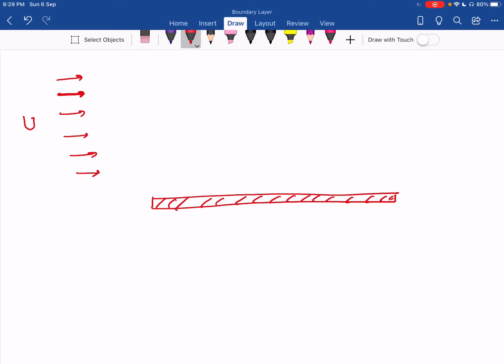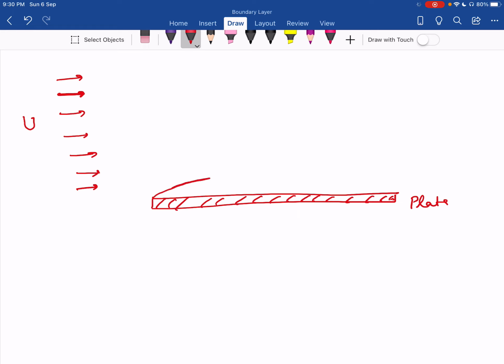Now the layer of fluid which is adjacent to the plate. Now this is the plate. So there is formation of some thickness of fluid where something is going on in that particular layer. The layer which is adjacent to this plate, that we call the boundary layer. So within that layer, what happens? That layer changes its characteristics, something like this.